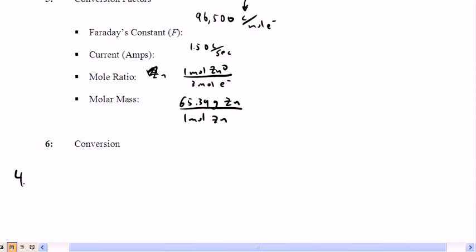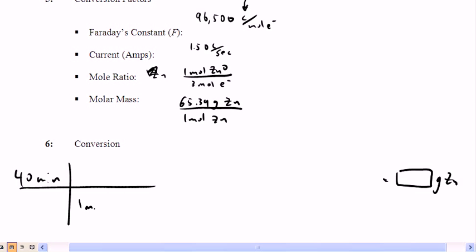So let's start off. We got 40 minutes, and we want to know how many grams of Zn. So in every 1 minute, there's 60 seconds. And in every 1 second, there's 1.50 coulombs.